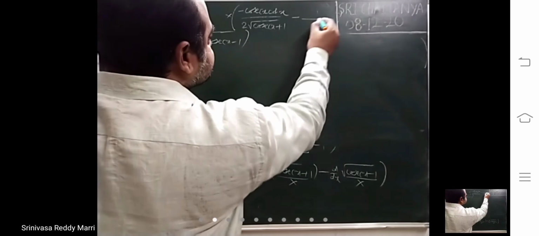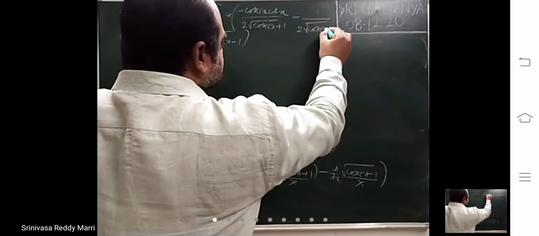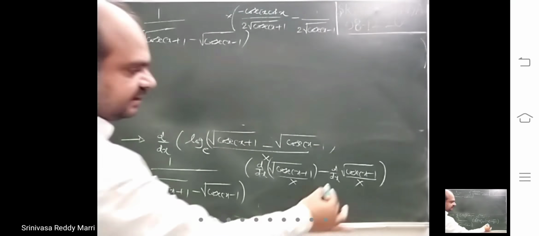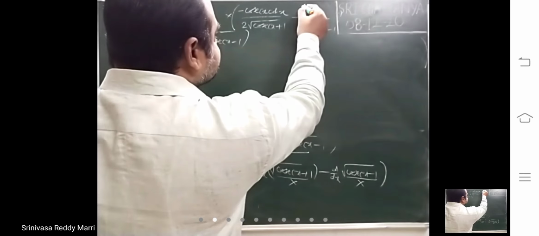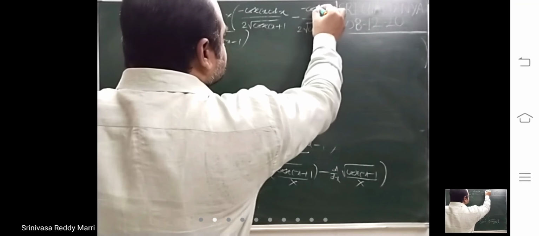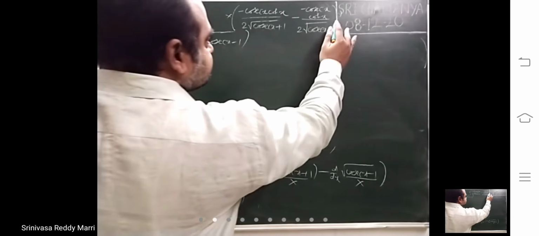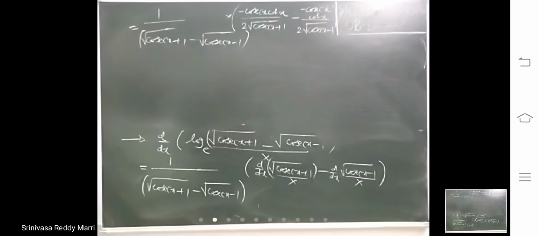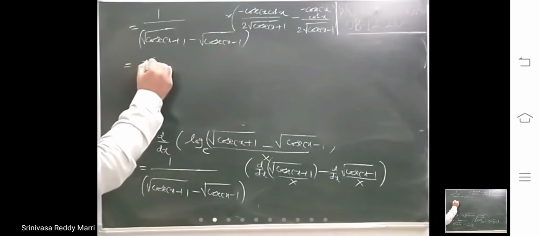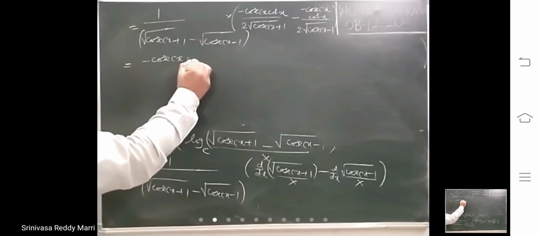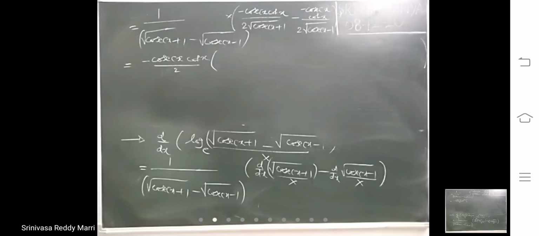1 by 2 root x. Minus 1 into d by dx of x means d by dx of cosecant x minus d by dx of 1. That means again minus cosecant x cot x. So this you will get. Now here I am taking minus cosecant x cot x common, divided by 2 I am taking common.